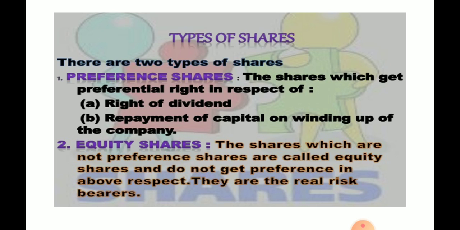Preference shares are those shares which enjoy preferential rights: the right to dividend before equity shares, and repayment of capital on winding up of the company before equity shares. Equity shares: the shares which are not preference shares are called equity shares and they do not get any preferential right as discussed above. They are the real risk bearers.